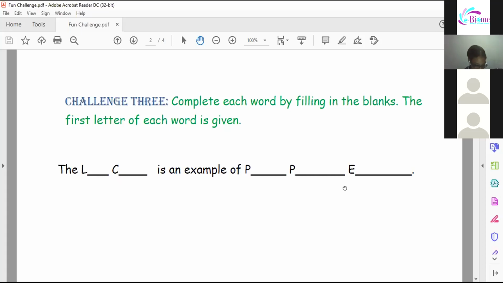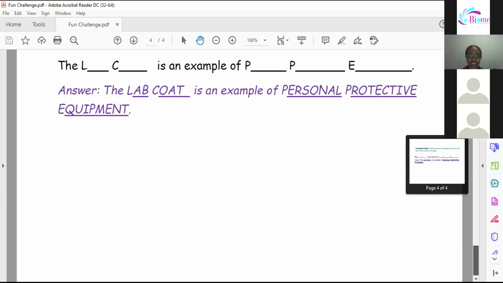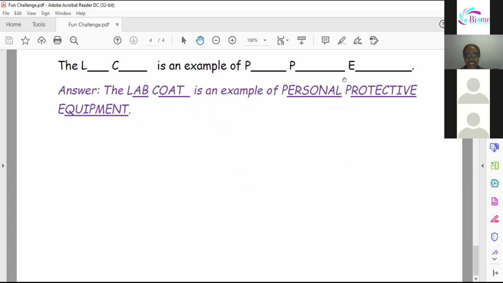Any guesses? So the answer for this one is the lab coat. The lab coat is an example of personal protective equipment. So that was just the little challenge there, just to test your memory on what I shared so far.